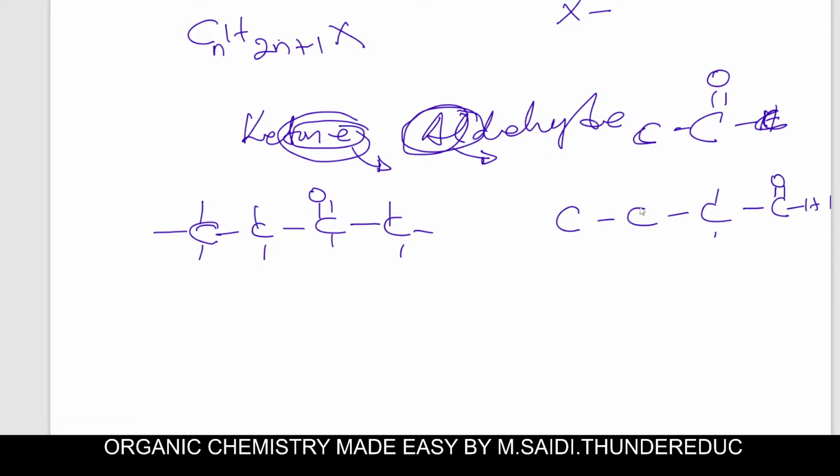So these are hydrogens. 1, 2, 3, 4, 5. The hydrogen is supposed to be removed. Now look, you have the hydrogen here and there. So now it's 1, 2, 3, 4.